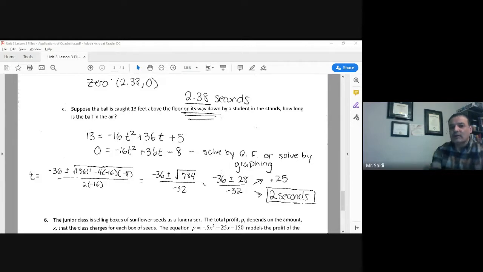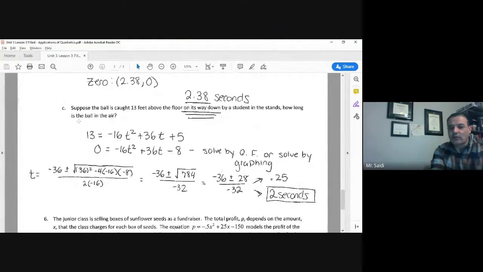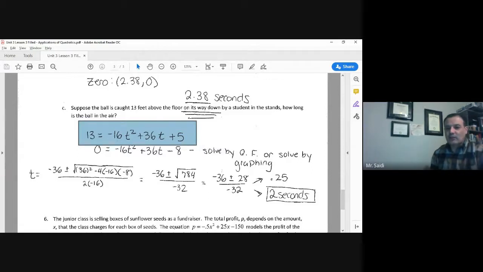But again, if you don't want to use that, simply type 13 equals, instead of y equals, in decimals, because you're saying when y is 13, what x's would give me that, and you'll get 2 answers. The logical answer would be 2 seconds.